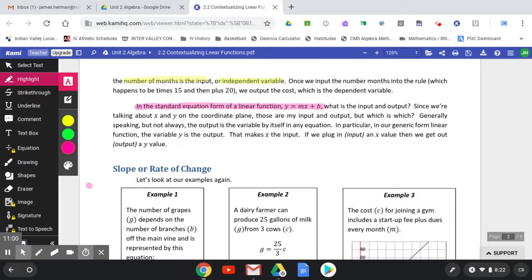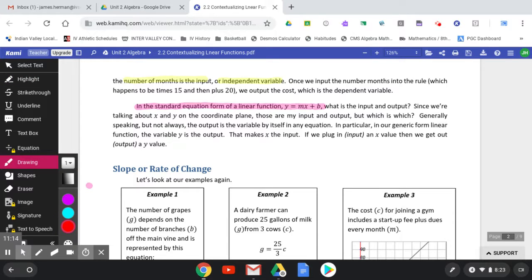In the slope-intercept form of a linear function, we're crossing out standard equation and writing slope-intercept. There's going to be enough confusion in many of the things we do. I don't want that to be one of them. Cool? All right.